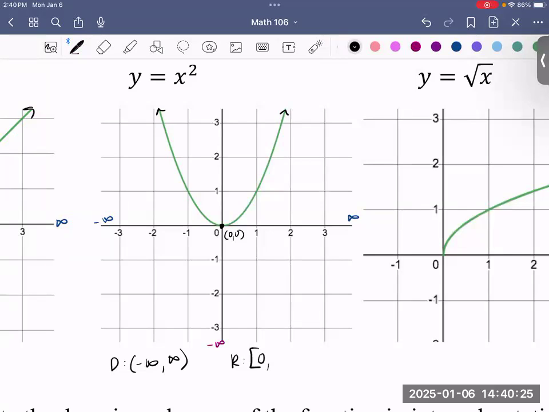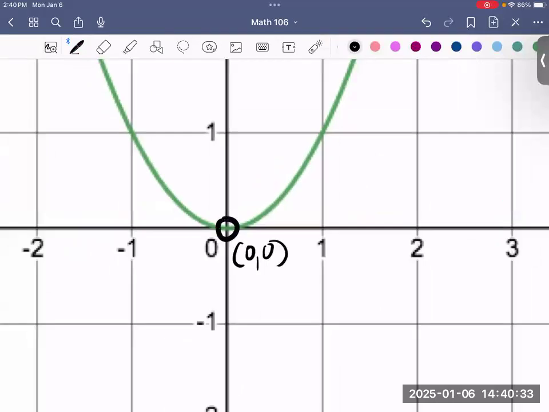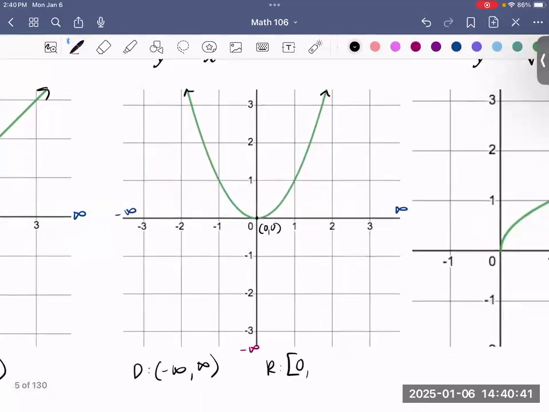And notice that I'm now using a bracket because even if I erase this point, it's nice, solid. There's no open hole. It's a nice continuous green graph. So we're starting at that point, meaning that we start at 0. Now, where does your graph go? Well, your graph is going up towards infinity. So we can go all the way towards infinity, which we do not include.